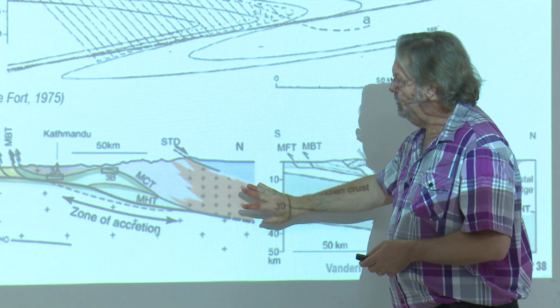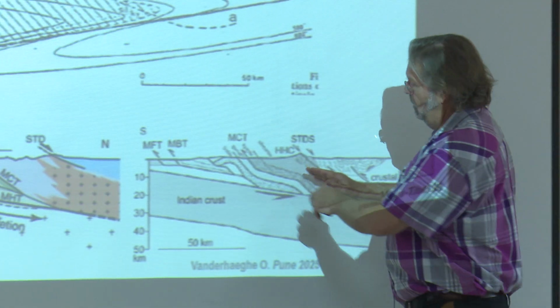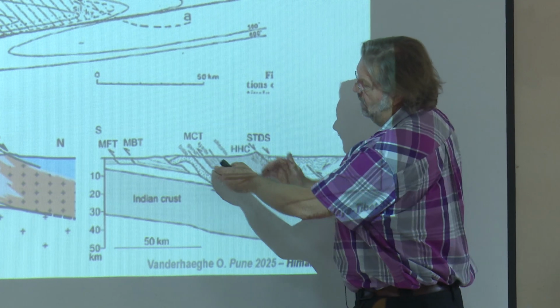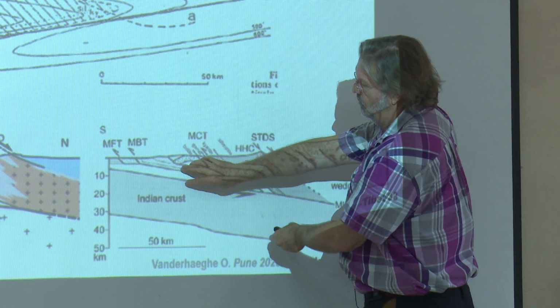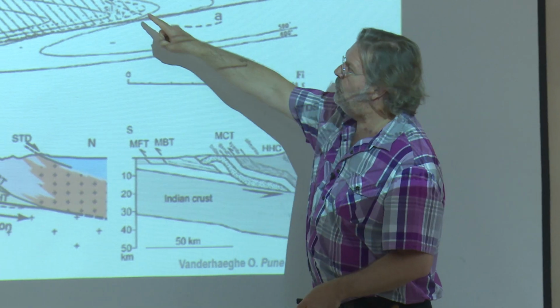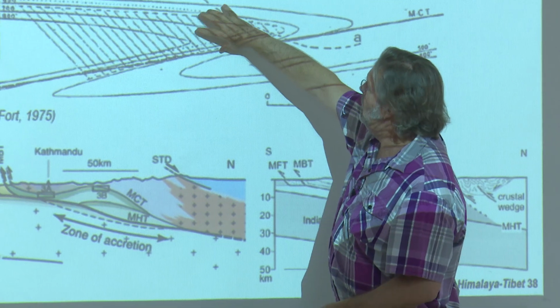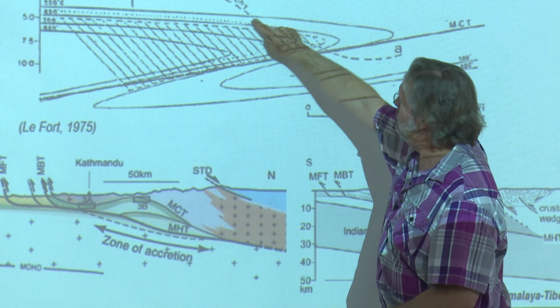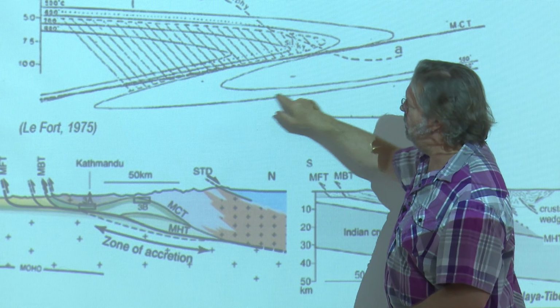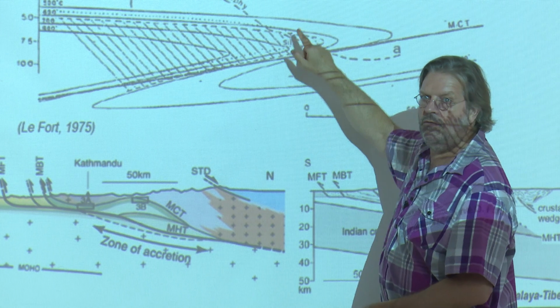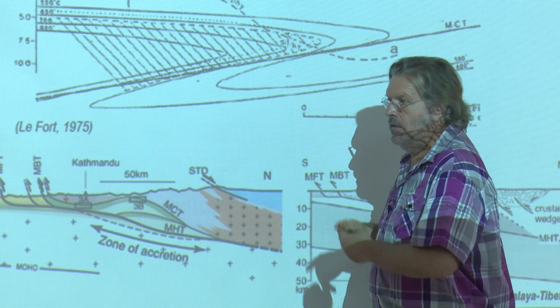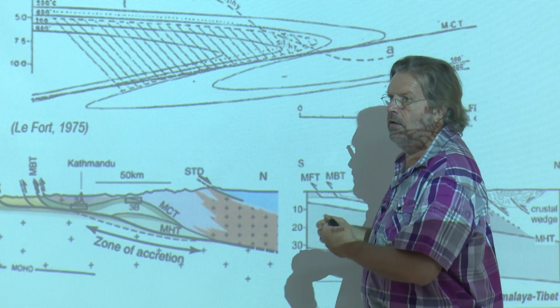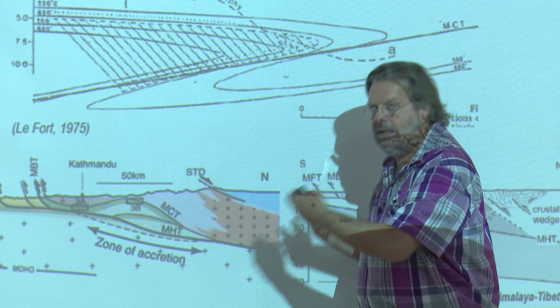This model also explains the inverted metamorphism, with high-grade rocks on top of low-grade ones. And this is illustrated in that model where high-grade rocks would go on top of low-grade ones, causing an inverted thermal gradient, which then is reflected by the inverted metamorphic gradient.